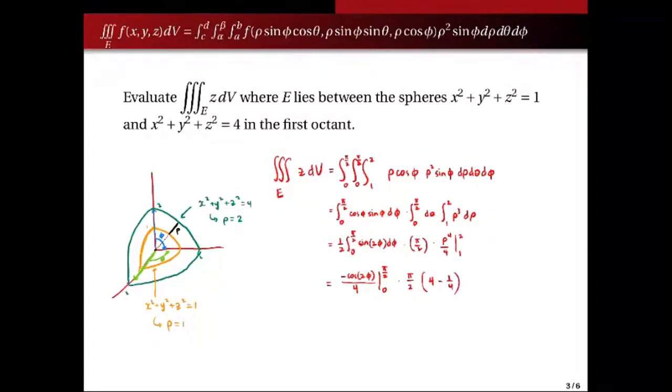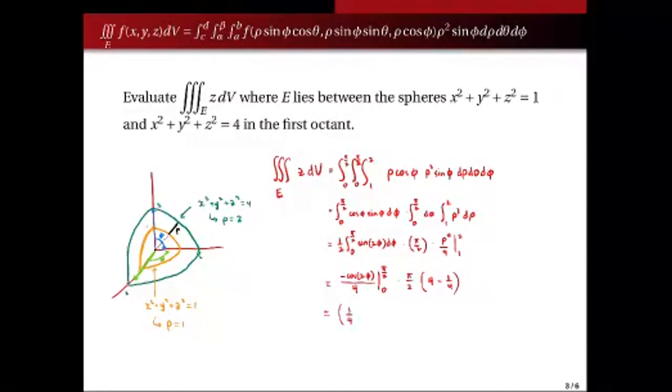And then evaluating at pi over 2, you have negative cosine of 2 times pi over 2, so that's negative of negative 1, so that becomes 1/4. And then minus negative of cosine 0, so that becomes plus 1. And then we still have the denominator 4. Then in here, you have pi over 4.